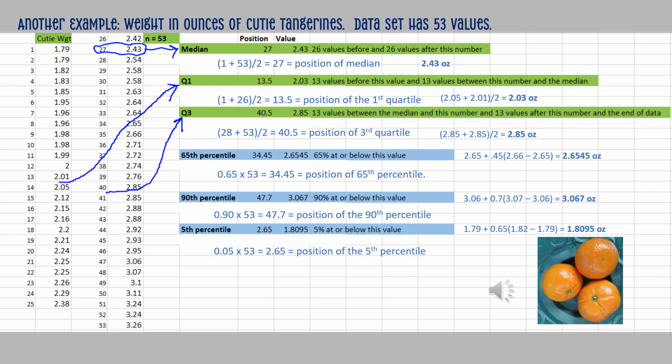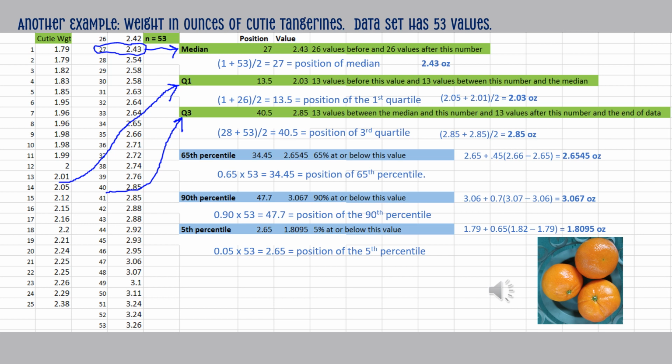Let's work through the quartiles first. So remember, when you're finding quartiles, find the median first. It's the very middle of the data. We had 53 values, so the position of the median should be (1 plus 53) divided by 2. That gives us 27. So the 27th value is the median, and that is 2.43 ounces.